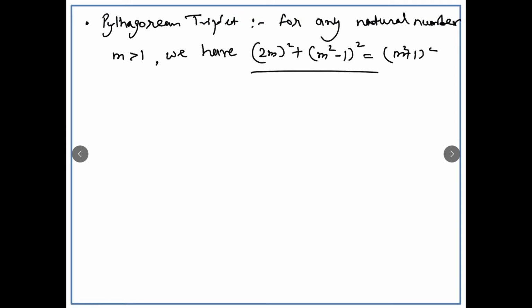So this is the formula of the numbers which will help us find the Pythagorean triplet.